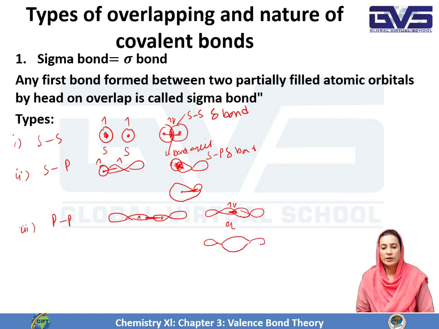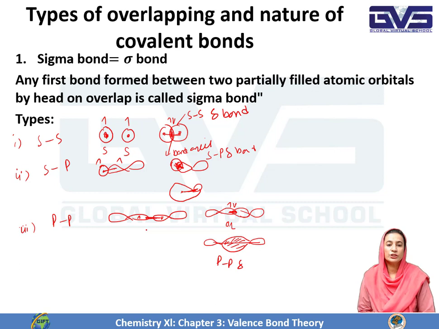This is the line joining the two nuclei, and the electron density is around the line joining the two nuclei. So this is the p and p sigma bond. So sigma bonds can be s and s, s and p, and p and p.